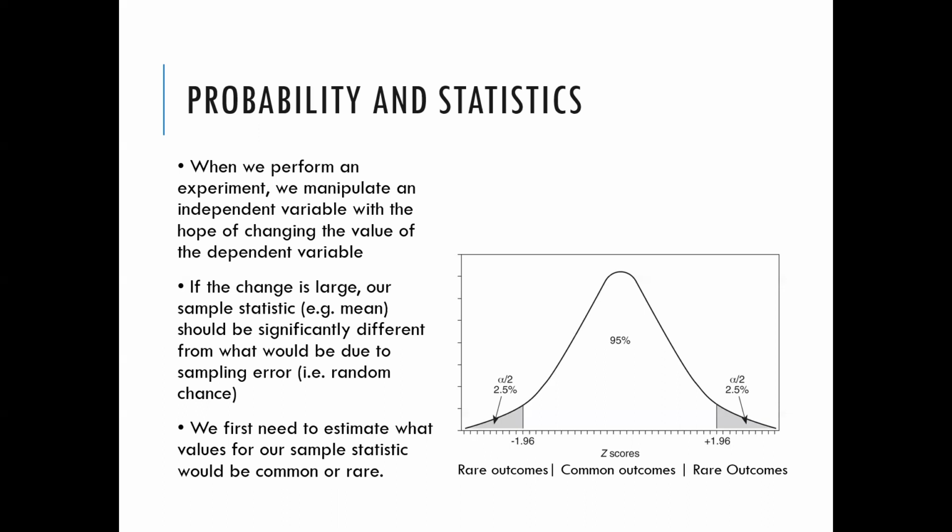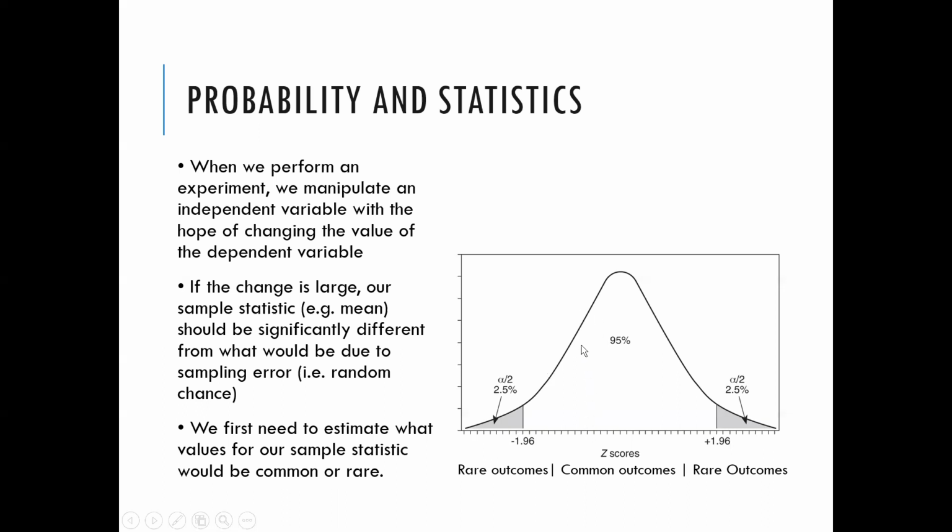Okay, so the first thing we need to do is estimate what values for our sample statistic would be common or rare. And here in this figure, we have what's called a probability distribution. And remember, a probability distribution is a lot like a histogram of the frequencies of our statistic, for example, the mean.